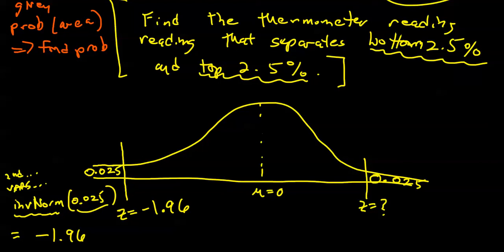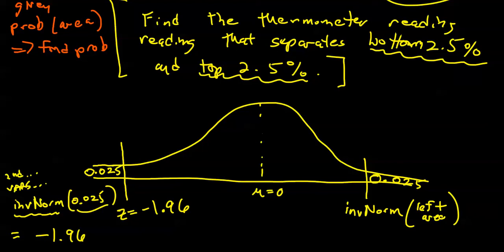Alright, how am I going to find this? Well, I suppose there's one of 2 ways I could do it. I could say inverse norm, but again I've got to put the area to the left in my inverse norm syntax.